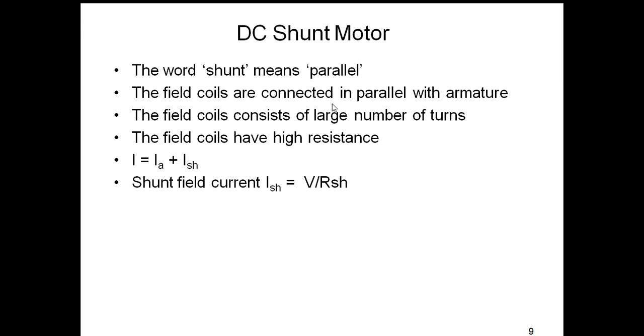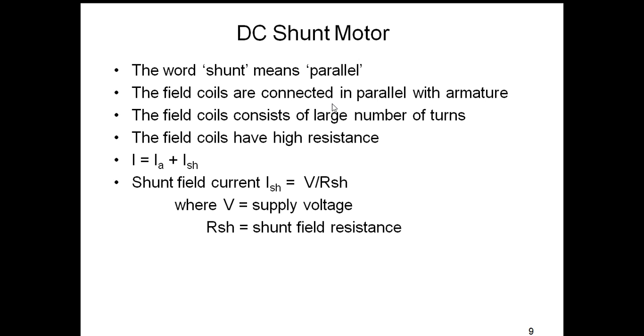And this shunt field current ISH is given as V by RSH, where RSH is the shunt field resistance and V is the supply voltage.